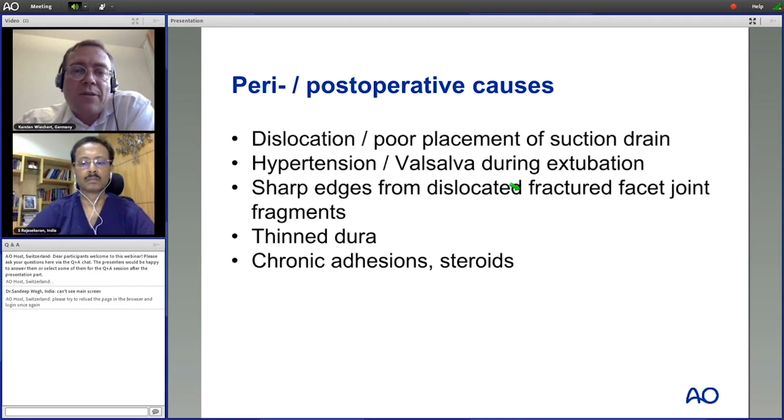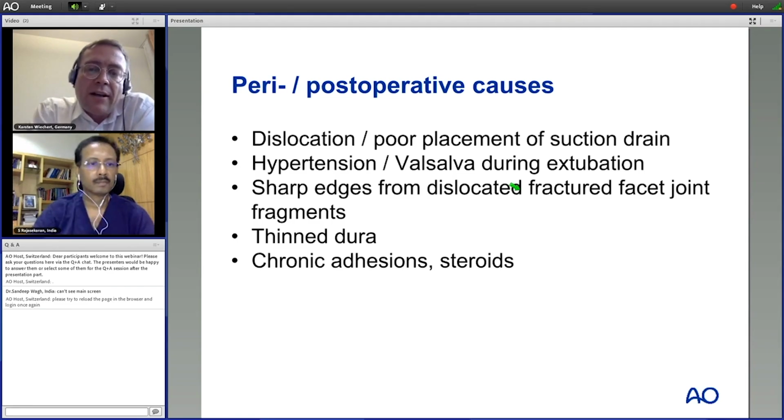Sharp edges from dislocated fractured facet joint fragments can also cause the dura to break. Sometimes if the partially resected facet joints break afterwards, that can create sharp spikes.